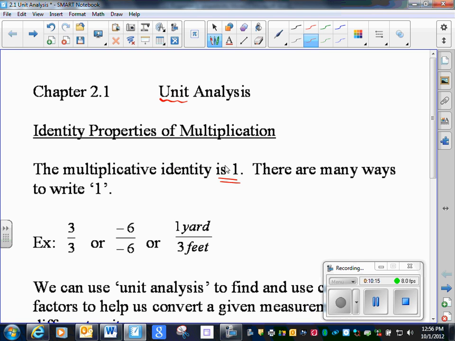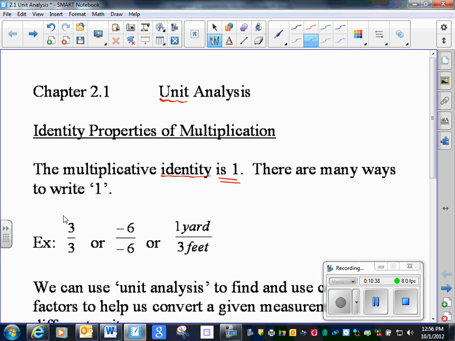We said in chapter 2.1 that the multiplicative identity, the number that we can multiply anything by and maintain its identity, is 1. But there are many, many ways to write 1. Here I've listed 3 different ways to write the number 1. Anything divided by itself is 1.